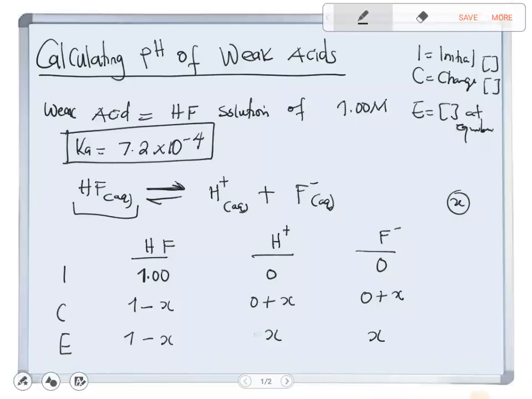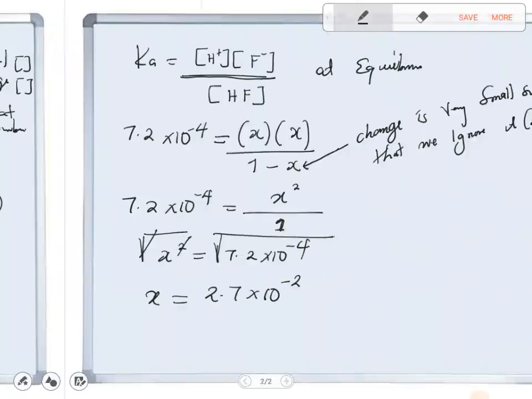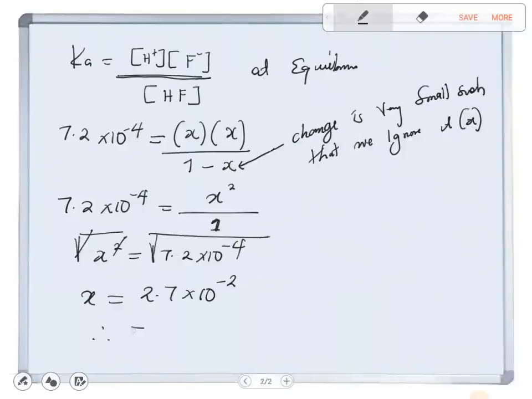Now, what is x indicating here? The concentration at equilibrium for both H plus and F minus. Therefore, the concentration of the hydrogen ion at equilibrium is 2.7 times 10 to the negative 2 molar. The concentration of the fluoride ion is the same.